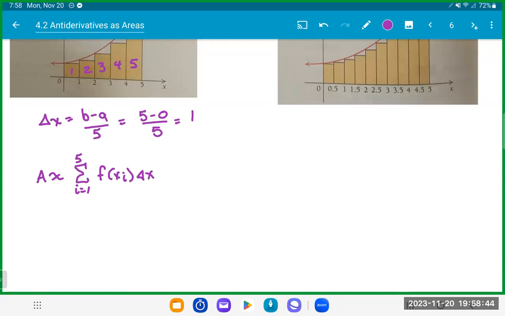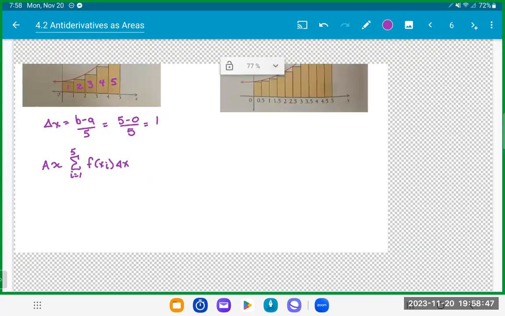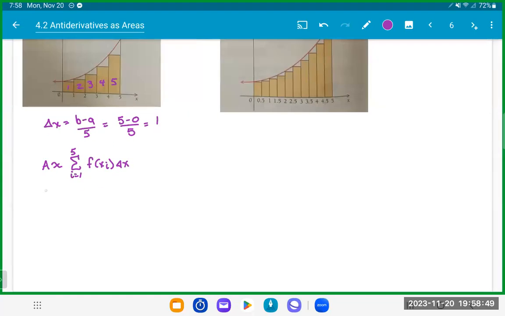Okay. So what does that look like when we write it out? In this case, we start out at 0 as our first value. So we evaluate f at 0 times our delta x, which is 1, plus f evaluated at 1 times delta x, plus f evaluated at 2 times delta x, plus f evaluated at 3 times delta x, okay?